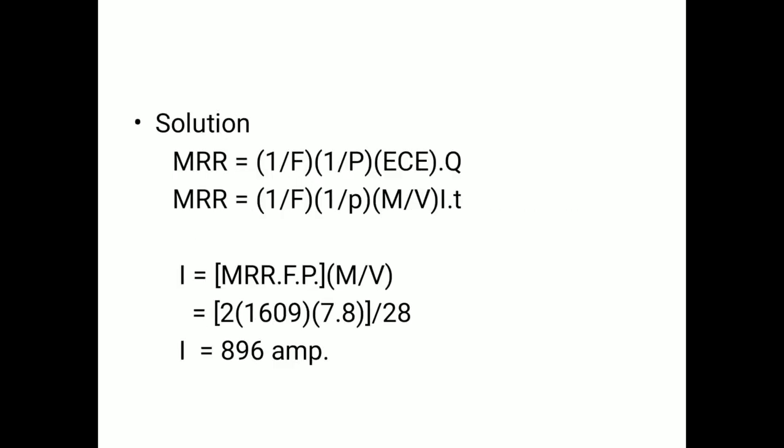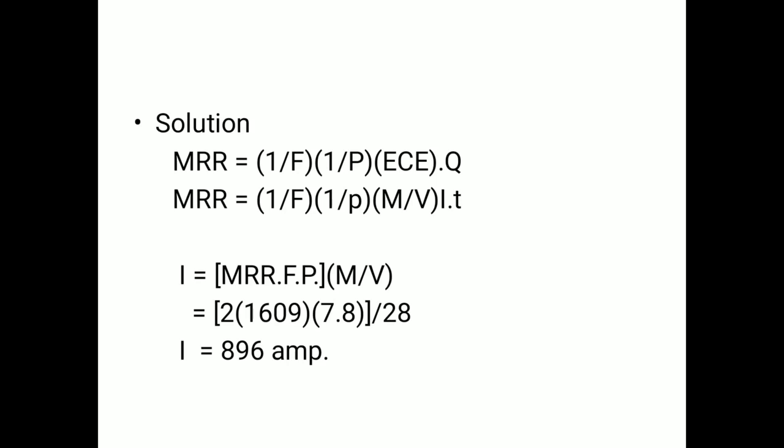So we can write I is equal to 2 into 1609 into 7.8, that is density of iron, divided by 28, that is the value of M by V, ECE, grams equivalent weight.